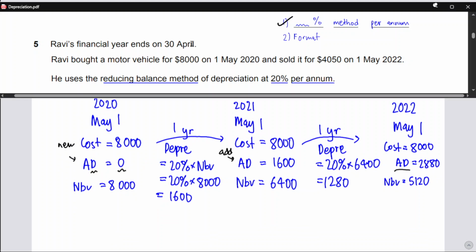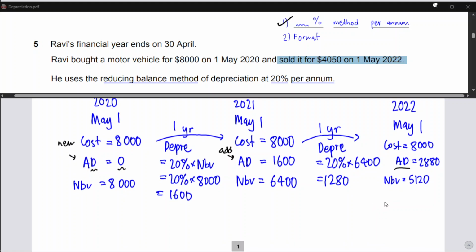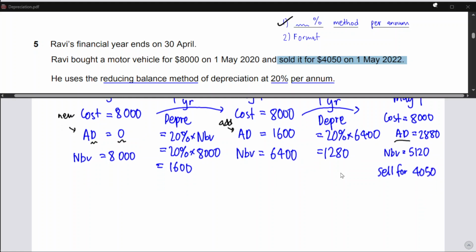Then on this 2022 May 1, he sells for 4050. So let me write here, sell for 4050.